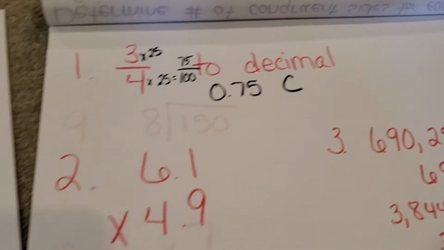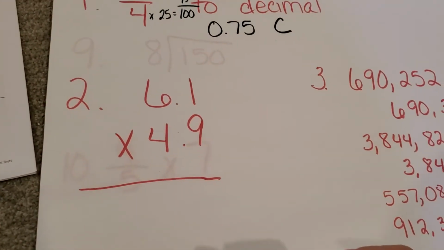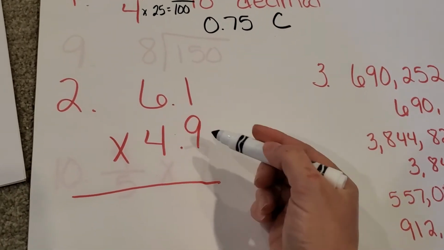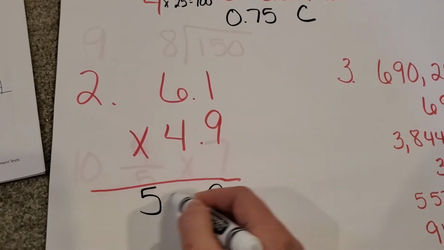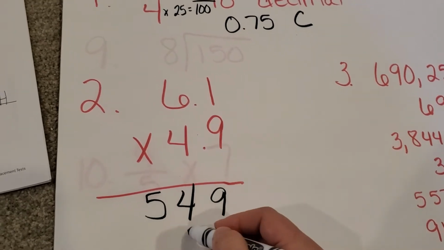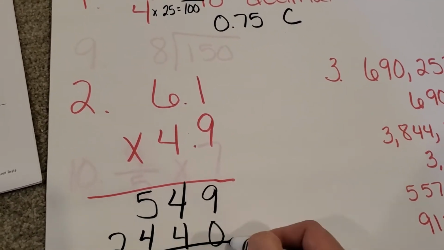Okay. Number 2, 6.1 times 4.9. You just have to solve this like a normal multiplication problem. 9 times 1 is 9. 9 times 6 is 54. Put your placeholder there. 4 times 1 is 4. 4 times 6 is 24.